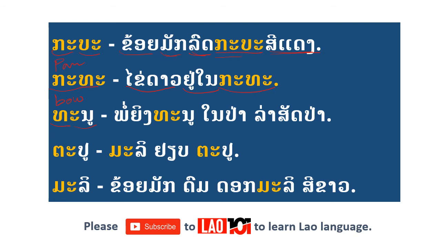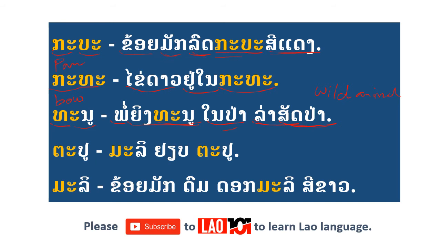I'm not sure if it reads bow or bow. ถะหนู. พอ dad ยิงถะหนู, shooting the bow. ในป่า inside the forest. ล่าสัตว์ means hunting for animals, but the word สัตว์ป่า means wild animal. พอยิงถะหนูในป่าล่าสัตว์ป่า.